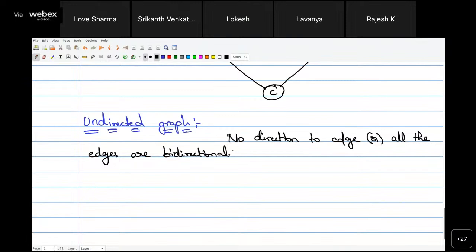Meaning like this. So if I have this edge, it is bidirectional like this. So this edge is called bidirectional if it goes in both the directions, B bidirectional to C, and bidirectional to D, and bidirectional to A.